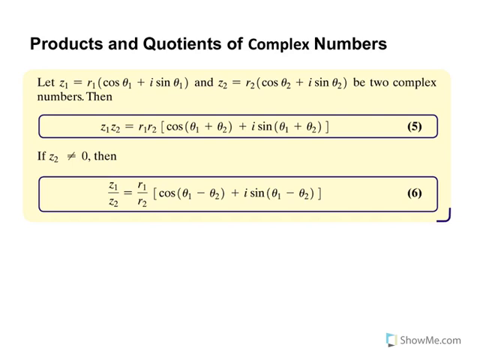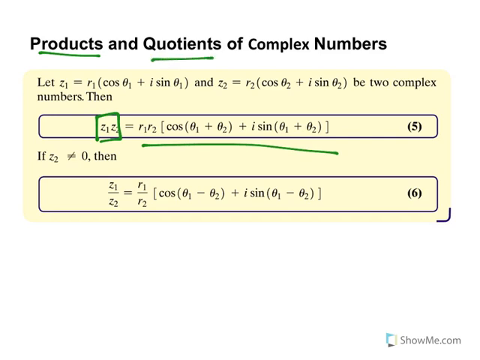Okay, we have products and quotients of complex numbers. We get these rules. If z1 is r1 times cosine theta 1 plus i sine theta 1, and z2 is r2 times cosine theta 2 plus i sine theta 2, be two complex numbers, then if we want to multiply or take a product, z1 times z2, we follow this formula: r1 times r2 times cosine of theta 1 plus theta 2 plus i sine theta 1 plus theta 2.